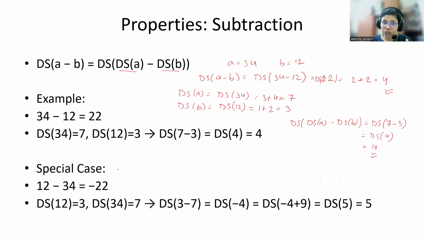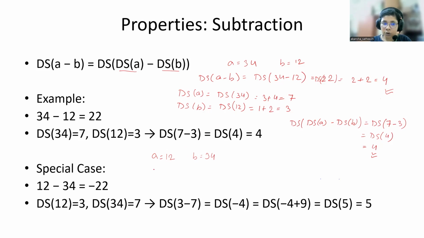Now here is a special case. For example, let's say you have to compute digit sum of a negative number. So let me change A to 12. Before it was 34. A as 12 and B as 34.